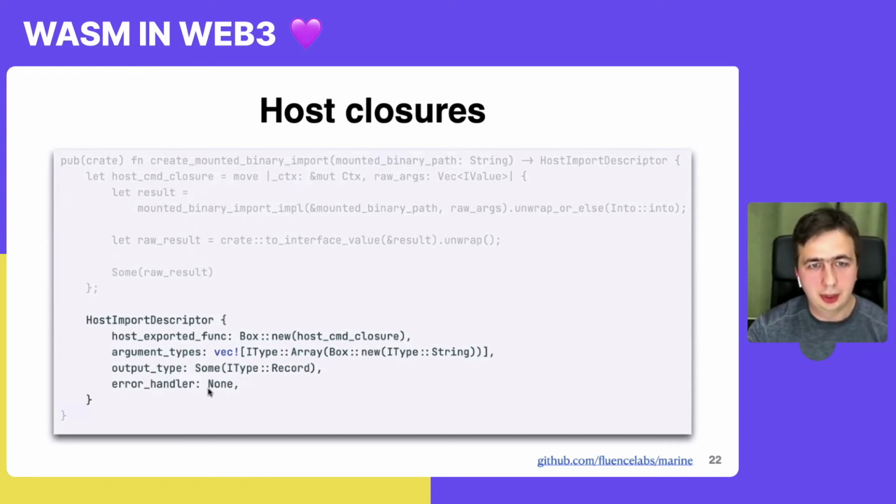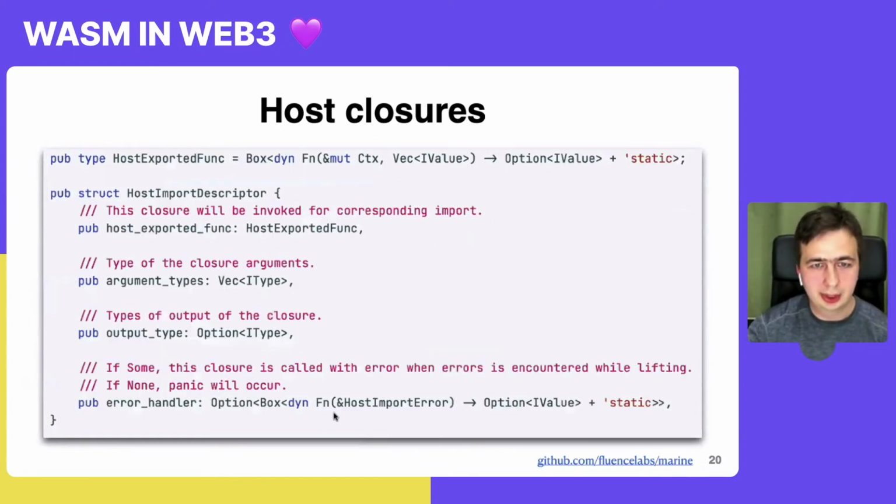And if there is some problem, for example, in lowering or lifting types between raw WebAssembly types and some non-simple Rust types like strings, vectors, and so on, there is a special error handler that looks like this. It's also a closure that allows you to do some recovery after an error or print some error message or something like that.